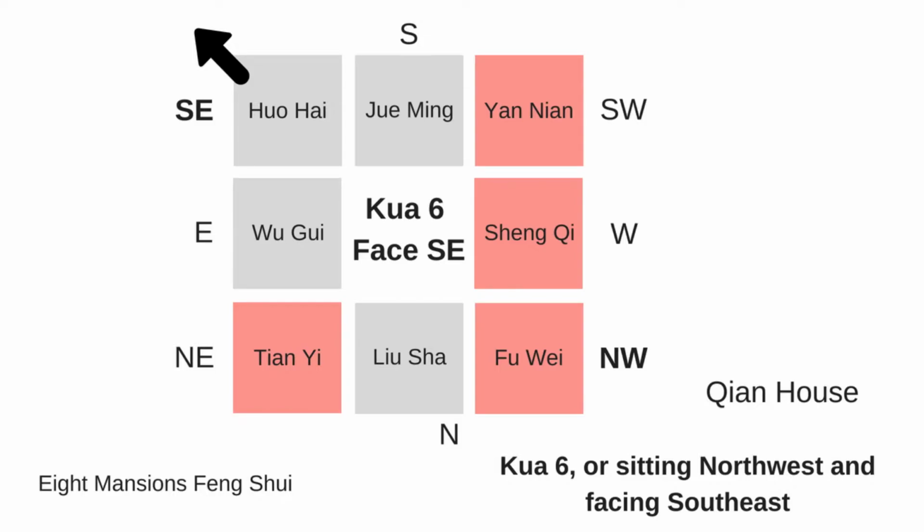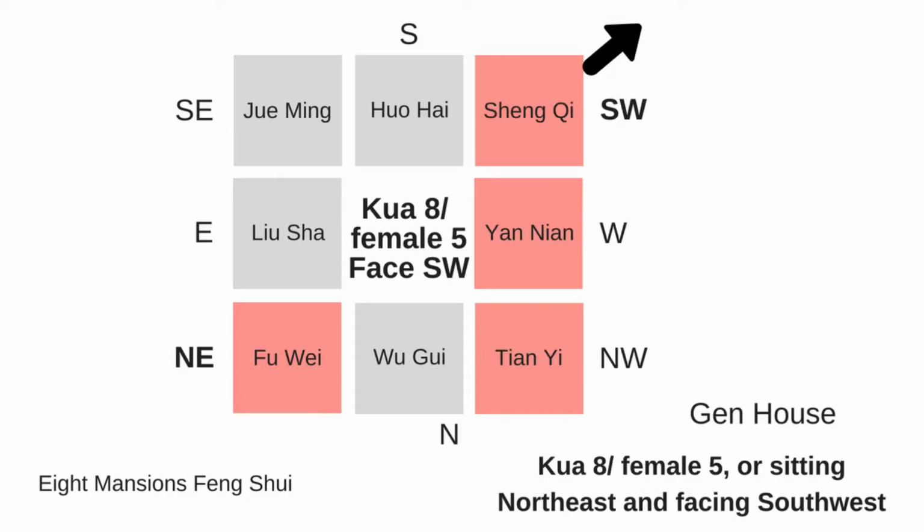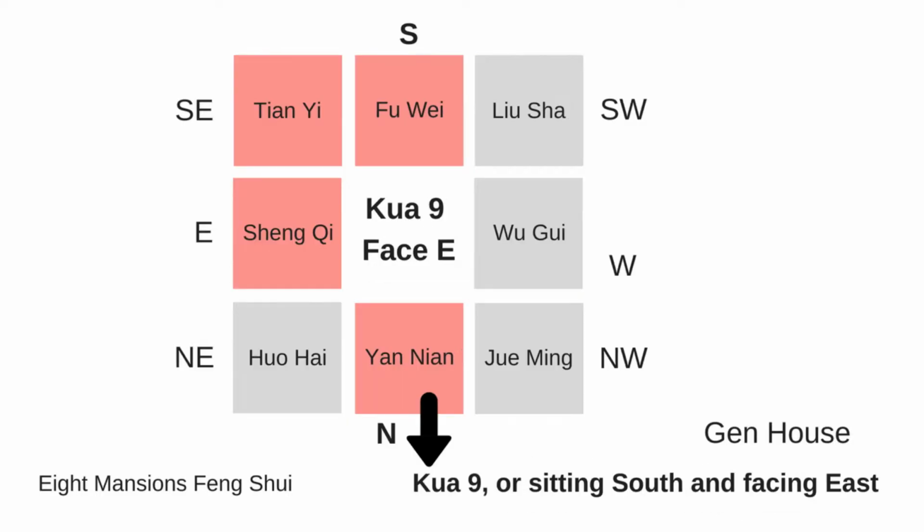And that's why we said one type is the east group and the other type is the west group. Again, we talked about that last time. It depends on your Gua number and the direction of the house. So all the east group share similar lucky directions and unlucky directions, and all the western group share the similar lucky directions and unlucky directions.